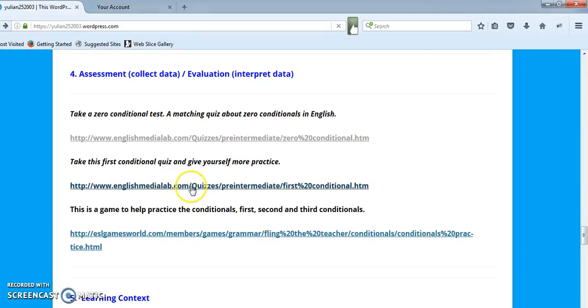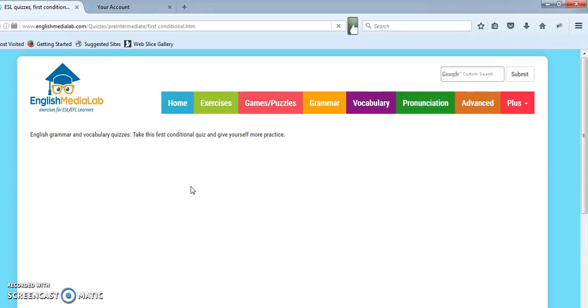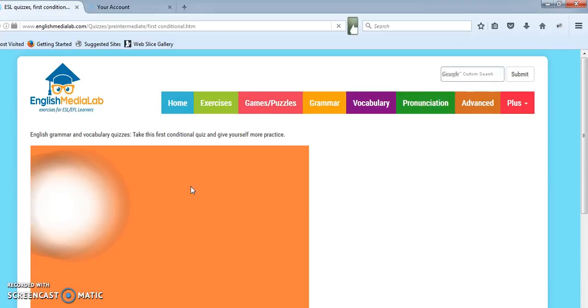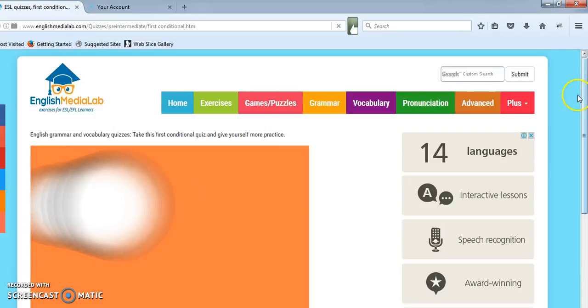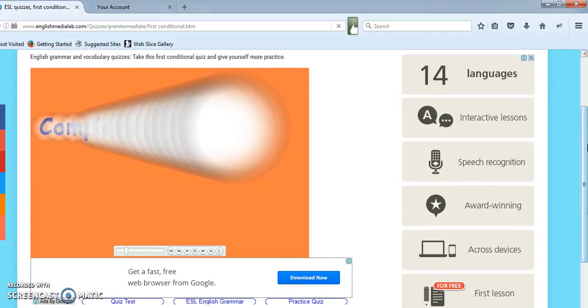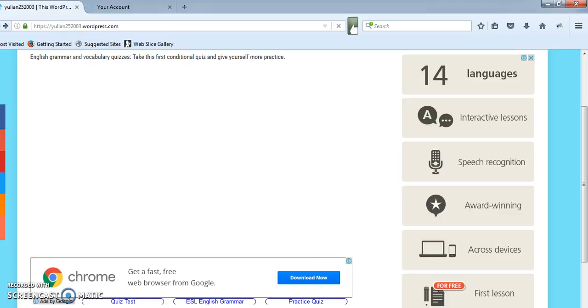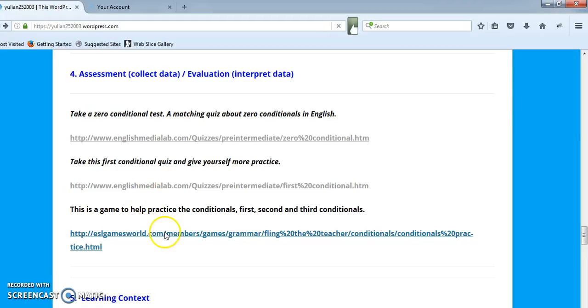Here there is another exercise about the first conditional. And here there is another exercise about the first and second conditional.